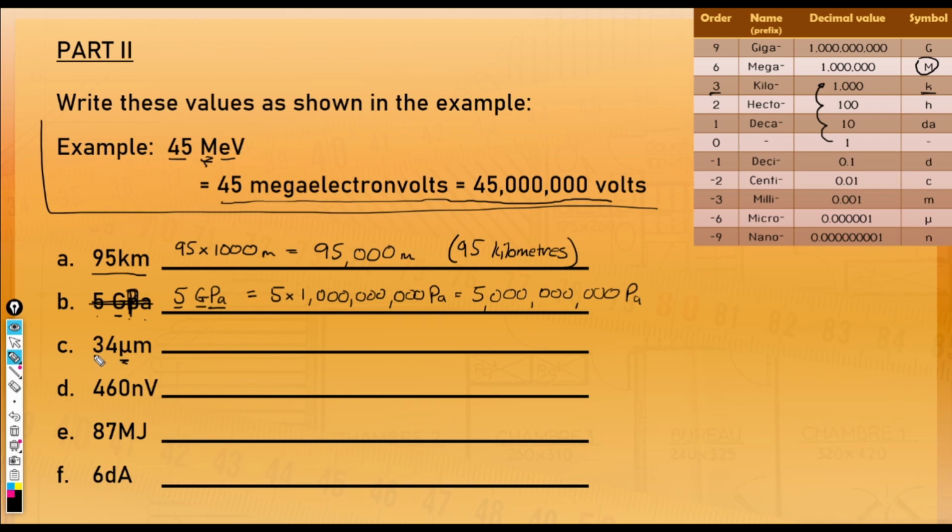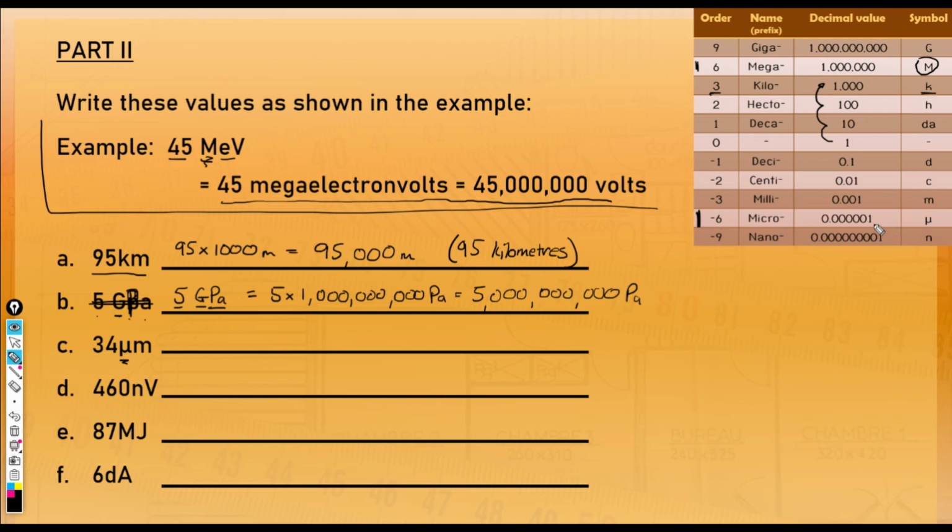So we have 34 micrometers, so that is 34 millionths of a meter. Micro is minus 6 orders of magnitude from 1.